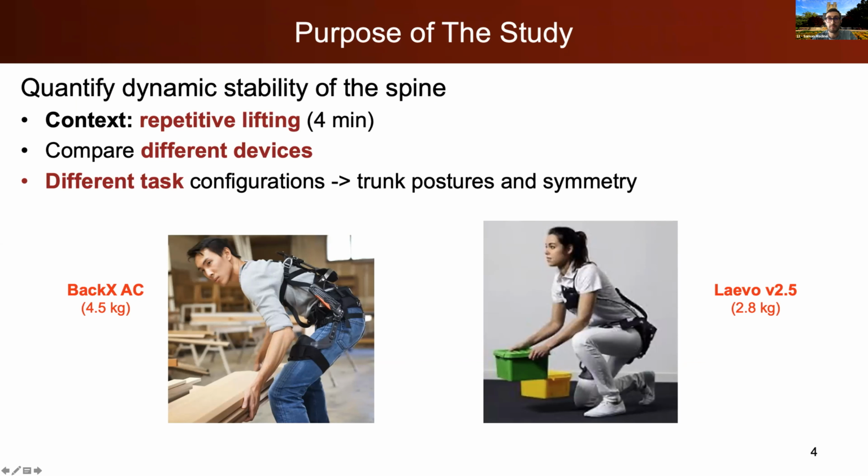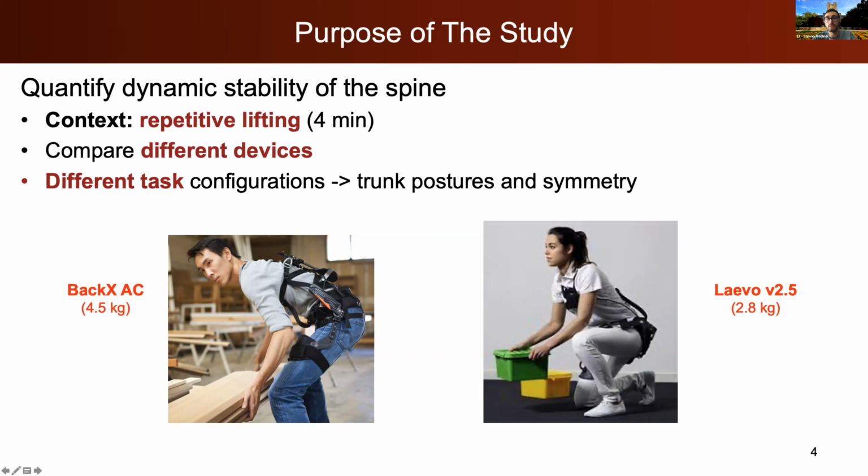Basically, they provide a supportive torque around the hip joint, but BackX pulls the torso backward by providing support, while Levo pushes against the chest. We think they have different mechanisms in terms of providing support to the trunk. This one is basically pulling backwards from here.